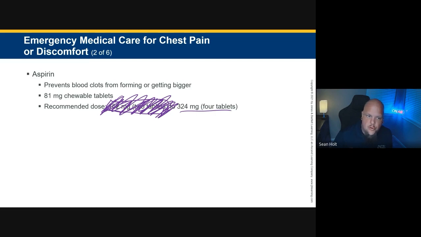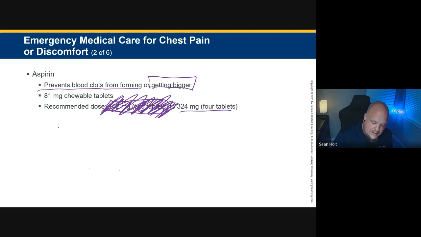All right. So 324 milligrams is our dose on aspirin. Okay. We don't give aspirin to pediatrics, period. Okay. This is only for adults that are experiencing what sounds like and presents as cardiac chest pain. Okay. Prevents blood clots from forming or at least getting bigger, right? And platelets like to aggregate or clump together.